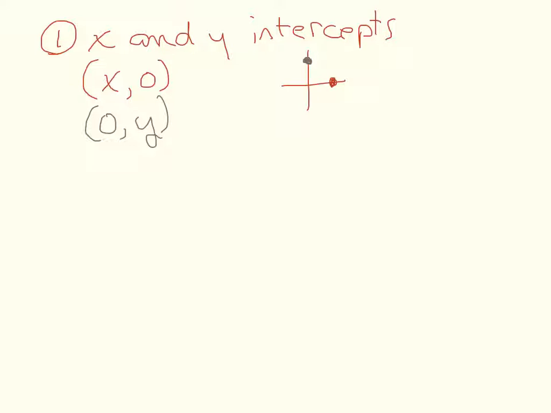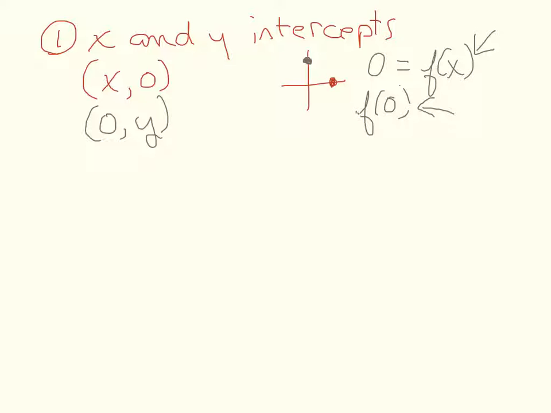So in order to find an x-intercept, we set our equation equal to 0. To find the other intercept, we set x equal to 0. So this gives us our x-intercept. This will give us our y-intercept.